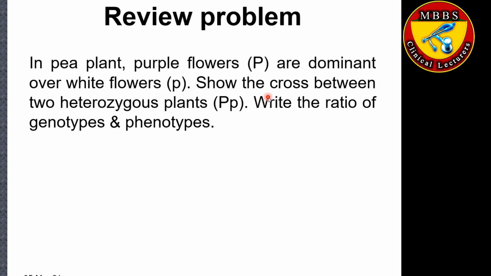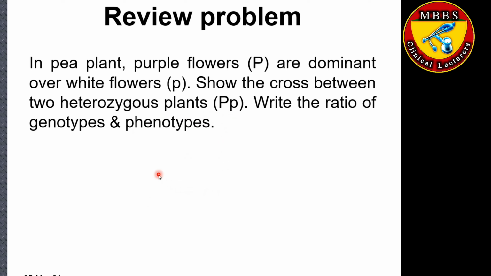So you need to show the cross between two heterozygous plants. One plant is capital P, small p, and the other plant is also capital P, small p. Make the Punnett square.